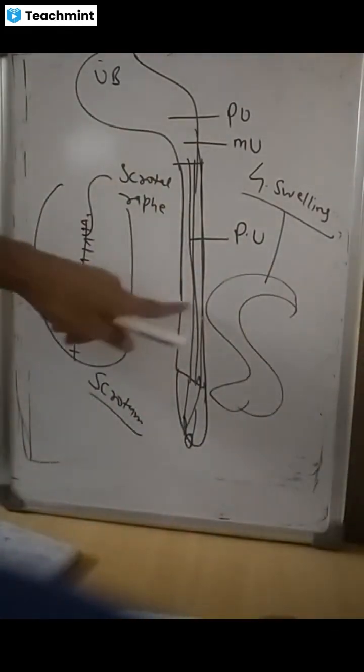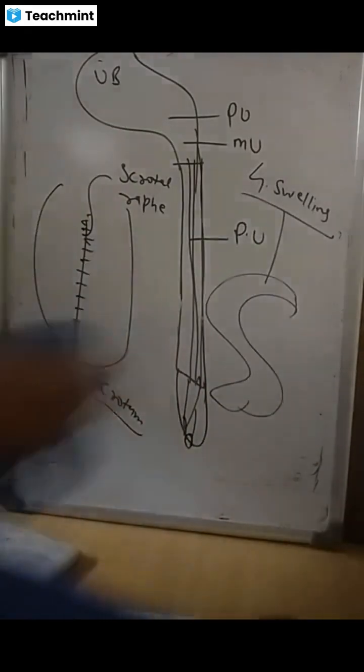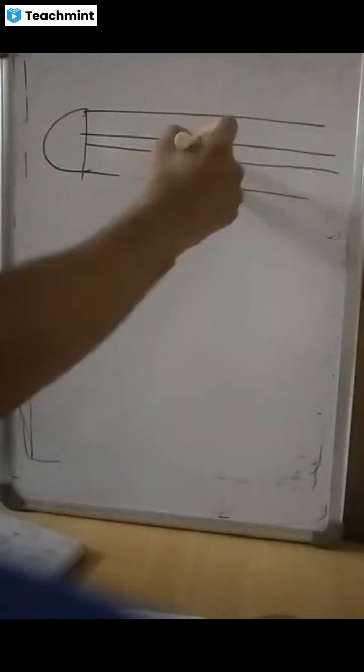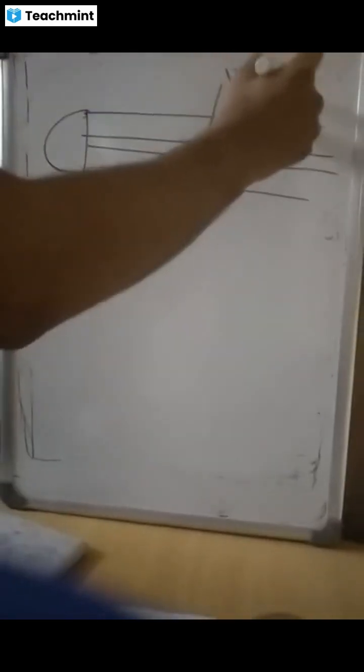So what is left? Two muscles are left. This is the urethra.